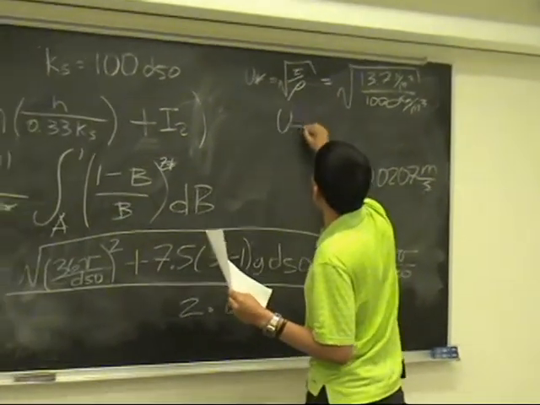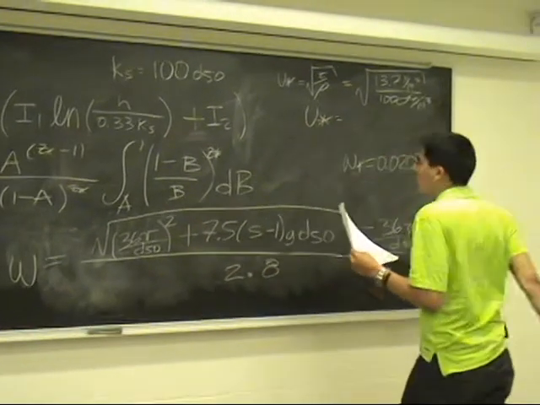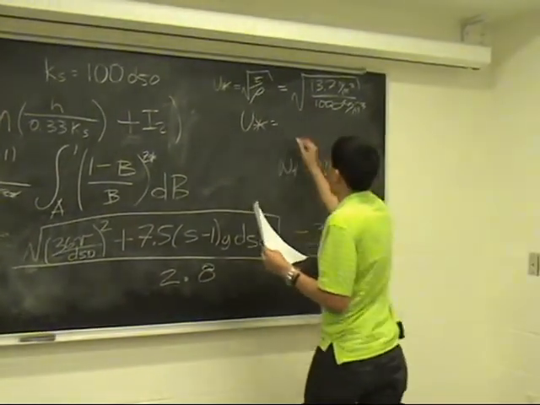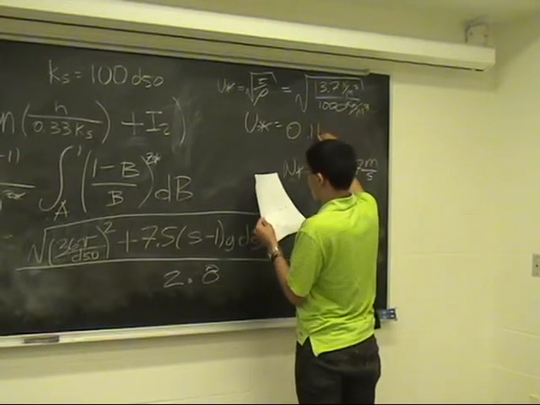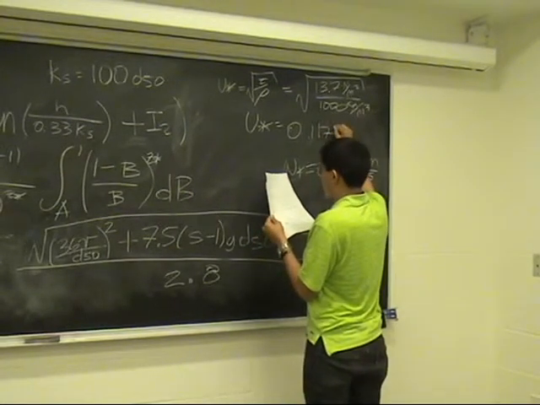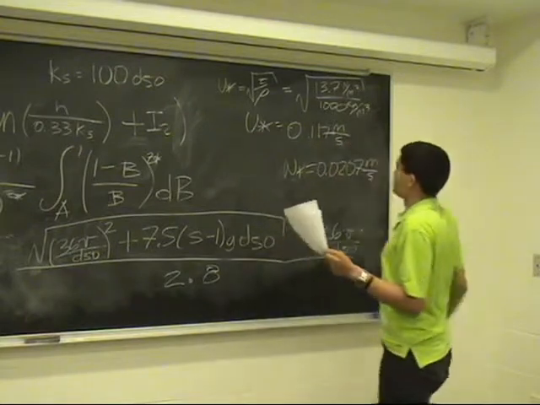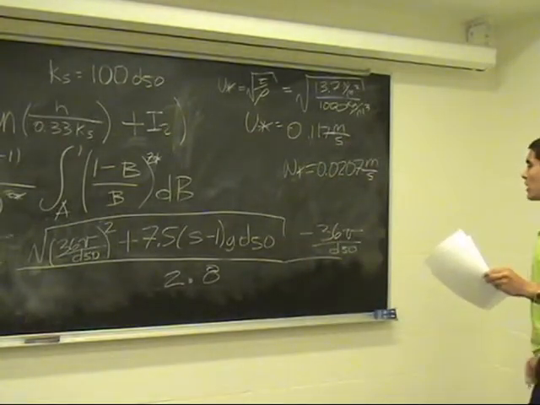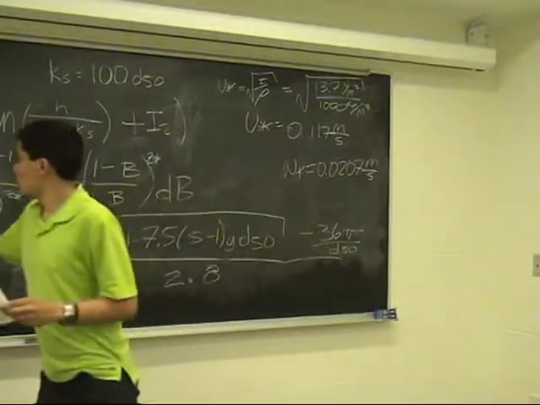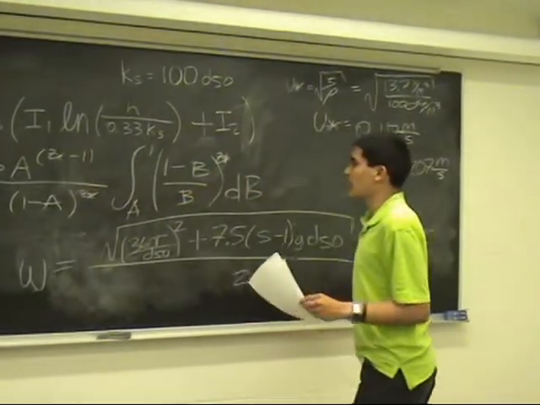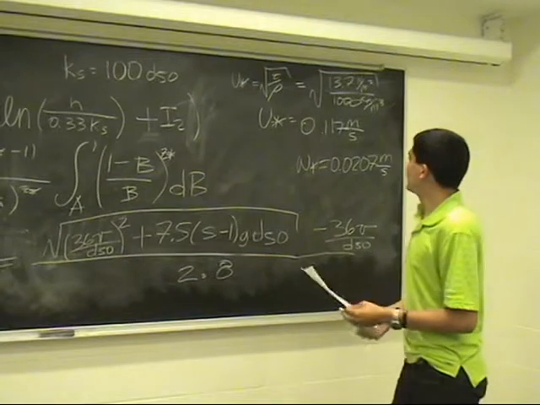That means that U star is equal to 0.0 meters per second.